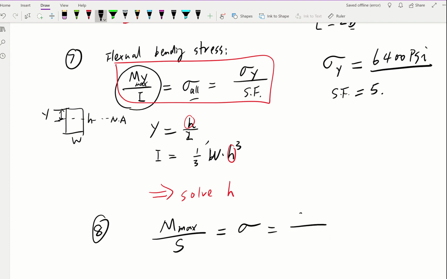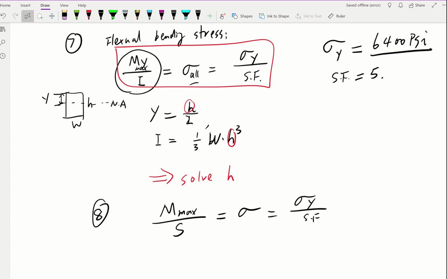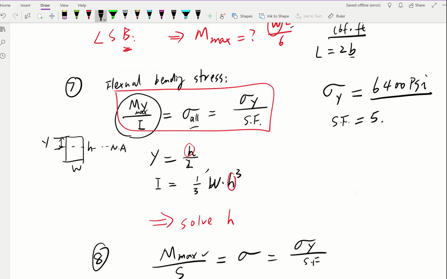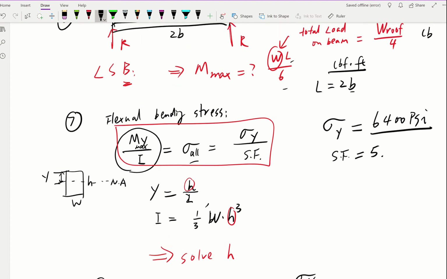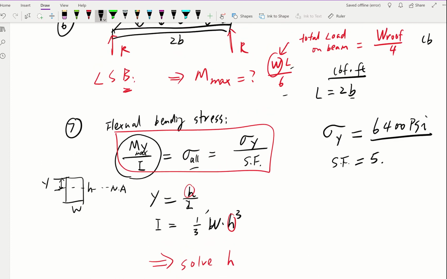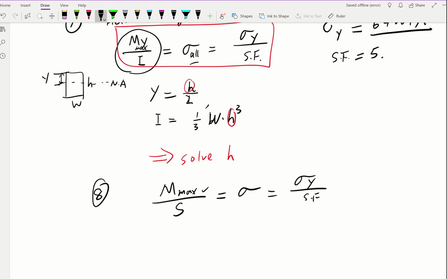We already calculated its yield strength over safety factor. So we already also know what's the maximum moment. That's known, right, from step 6 right here. So knowing that, we can go ahead and solve your section modulus. That's one way to solve, right?